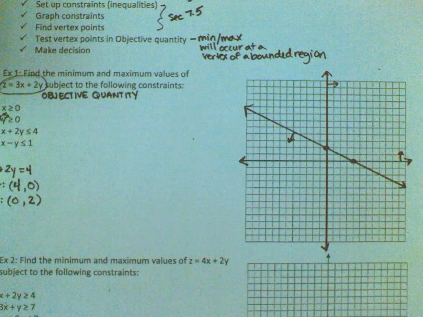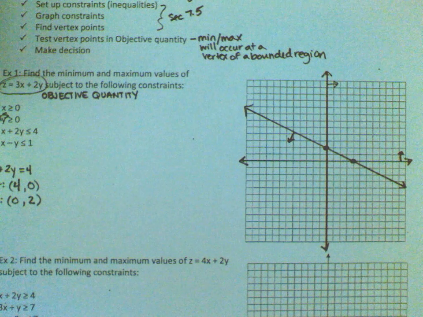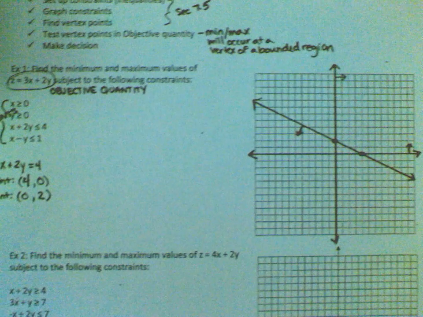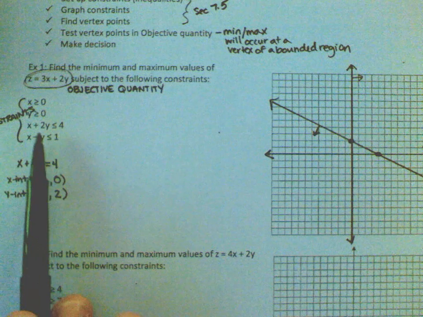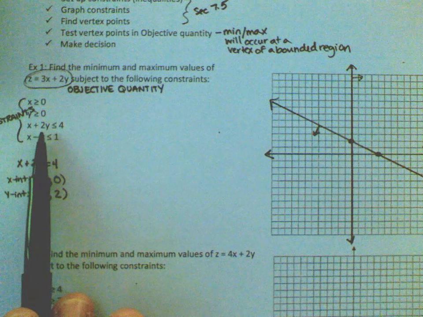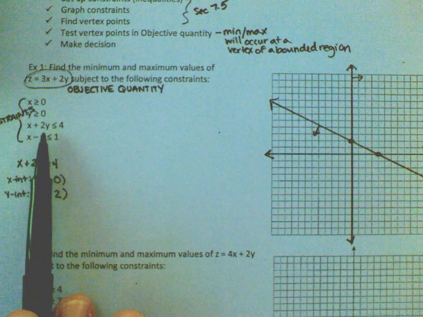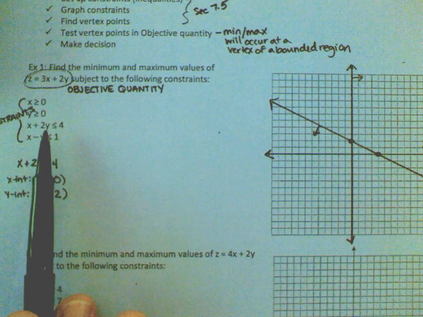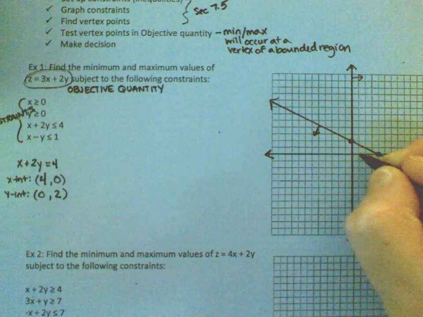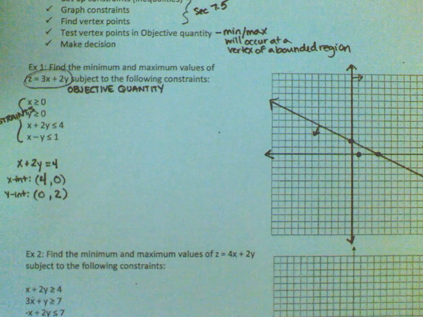Okay. Let's graph that other line using our intercept method. If I plug 0 in for y, my x-intercept is at 1 because I just have x equals 1 left over. So I'll put an x-intercept at 1 to the right.